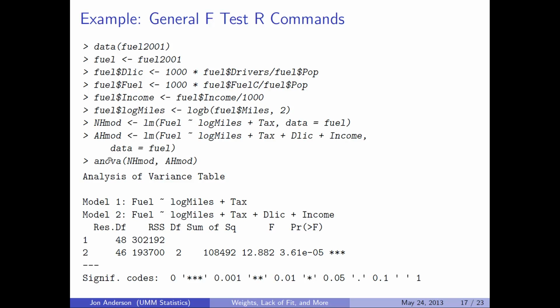And I performed the F test using the ANOVA command, specifying the two models separated by a comma in the same command. And we get this kind of output here.